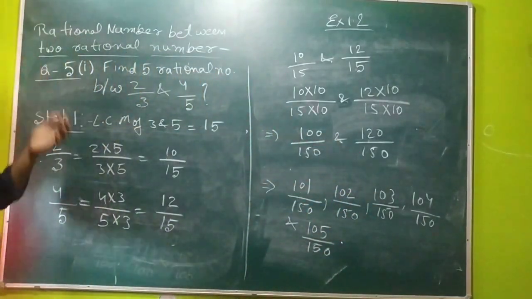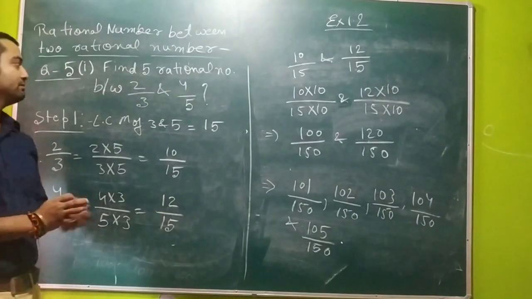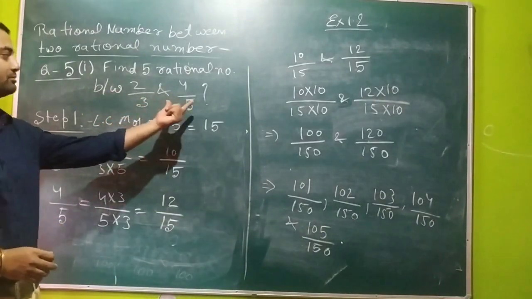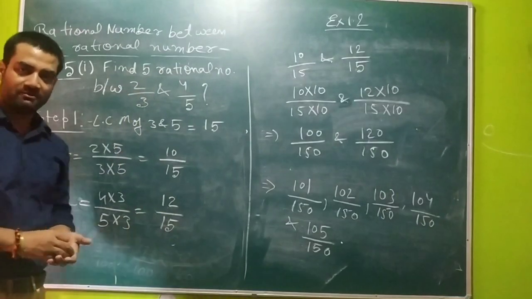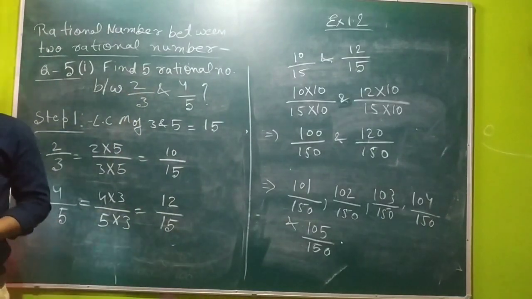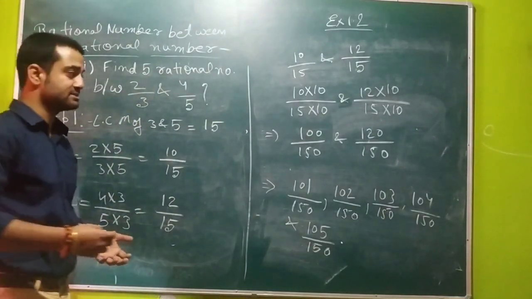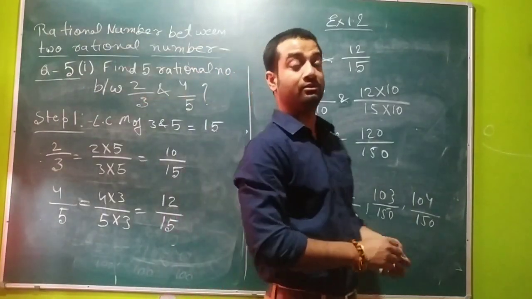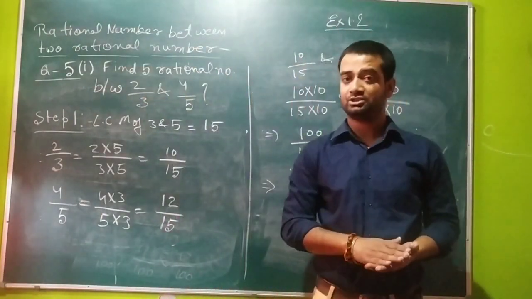So, this is how we got 5 rational numbers between 2 by 3 and 4 by 5. This was the step method to find out the rational numbers between given two rational numbers.